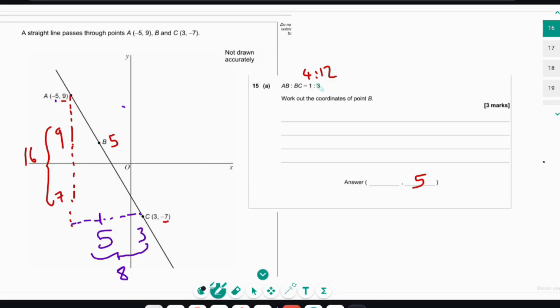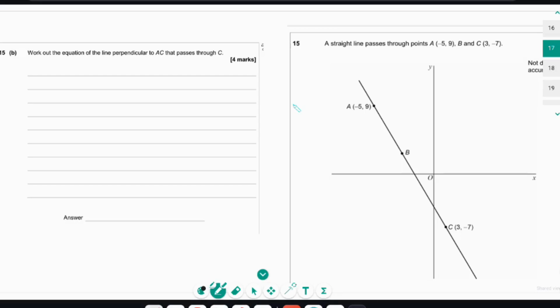Let's use this ratio now. 8 divided by 4 is 2, so it's 2 to 6. The x coordinate of B is 2 along from -5, so -5 plus 2 is -3. So the x coordinate here is -3.